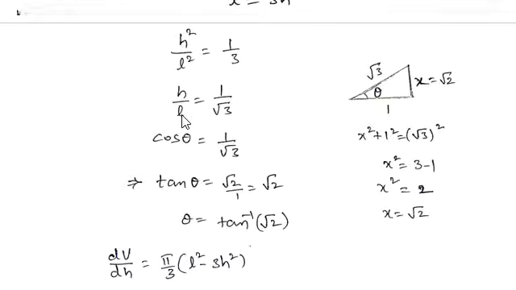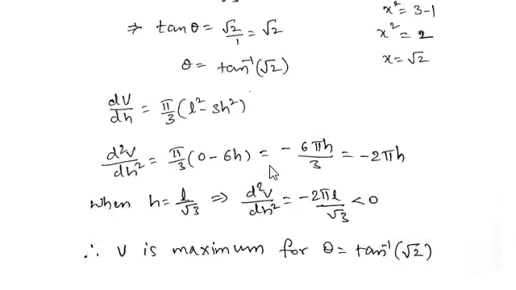At this value the volume of the cone will be maximum. But h by L is nothing but cos theta, which is 1 by root 3, so tan theta is root 2, or theta is equal to tan inverse root 2. So from that you can say that volume V is maximum for theta equal to tan inverse root 2.